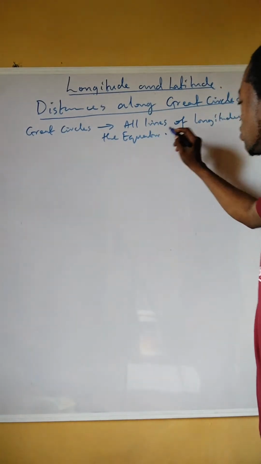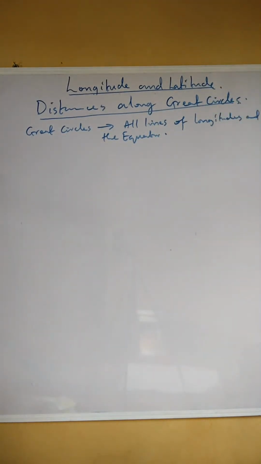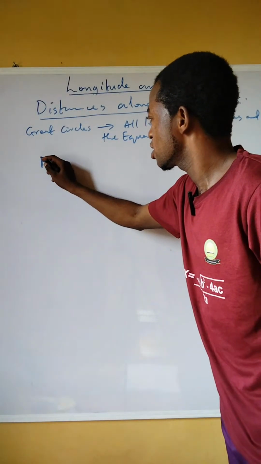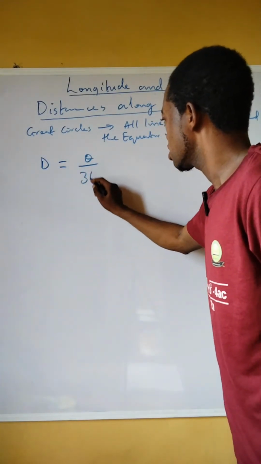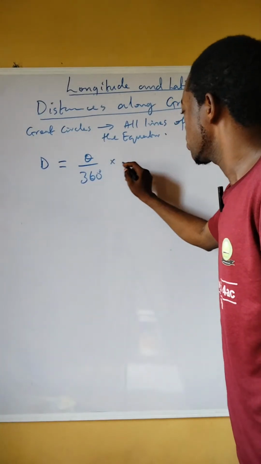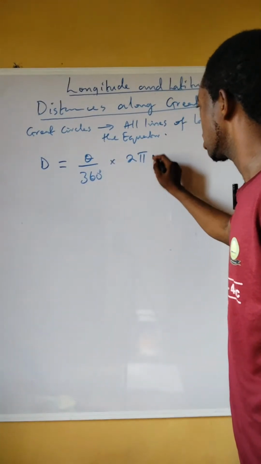So these are what they call great circles. So it has to do with the lines of longitude and the equator. And distance along this great circle is given by this formula. Distance D is equal to theta over 360 degrees multiplied by 2 pi R.